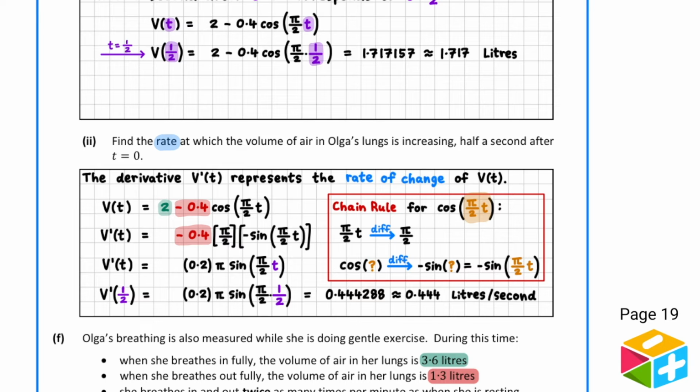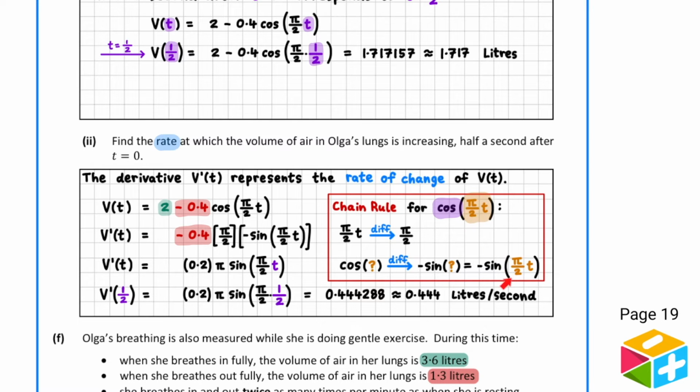Now, looking at the outer layer, our expression is in the form of cosine of something. If we look at our formula book, we'll see that cosine differentiates to minus sine. Here, the something that we had inside the brackets was pi over 2t.